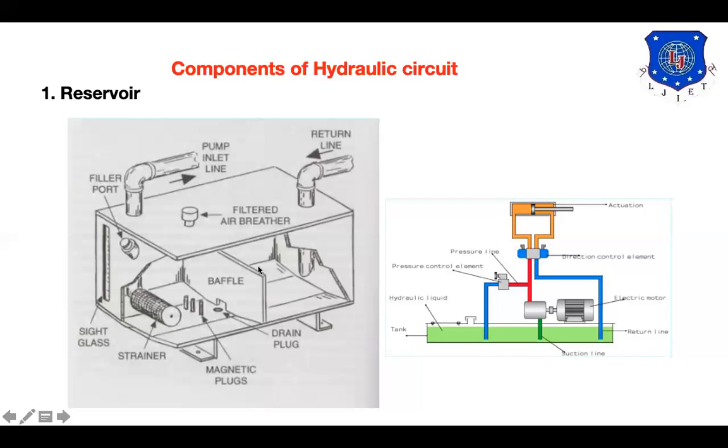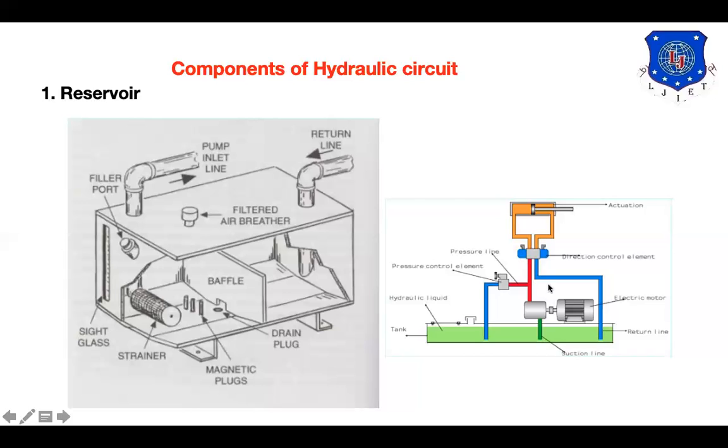The fluid which has high temperature will try to stay above, because its density would be less, and the fluid which has cooled down remains at the bottom section. That cooled fluid will enter this particular zone and can be given back to the pump line. Okay, so this is how this reservoir behaves.